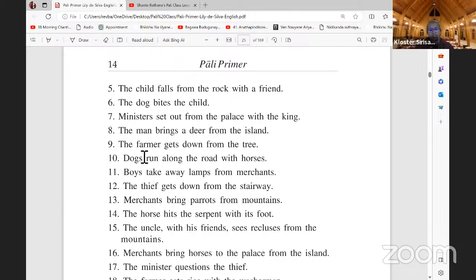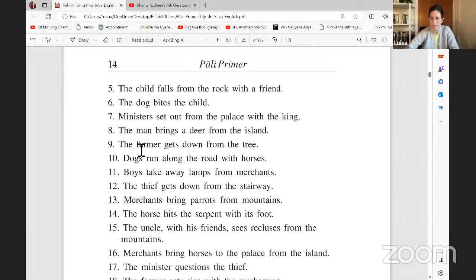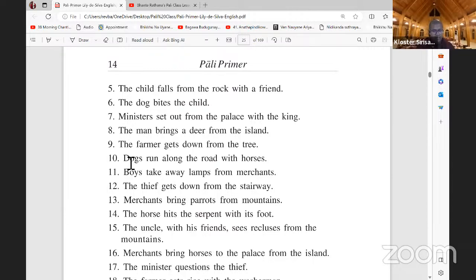Number 9. The farmer gets down from the tree. Kasako rukasma utarati. Okay, very good.